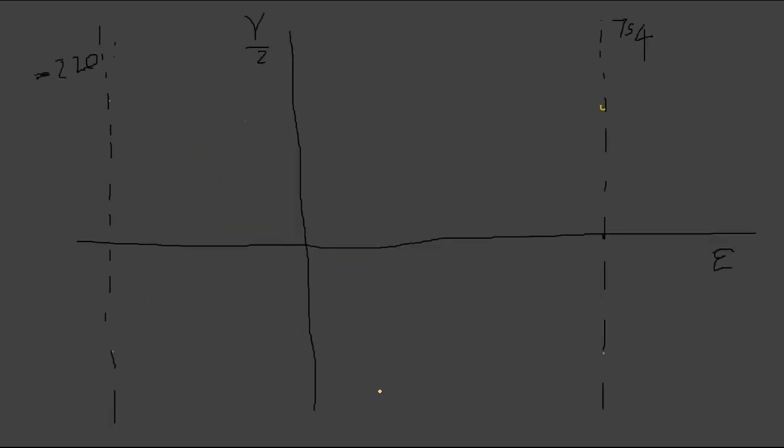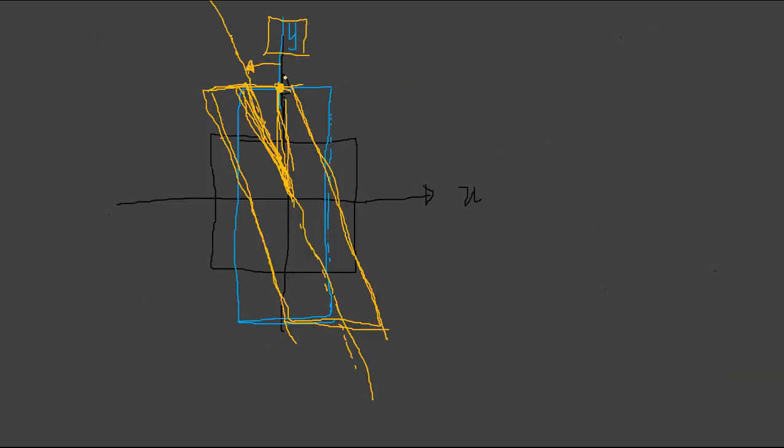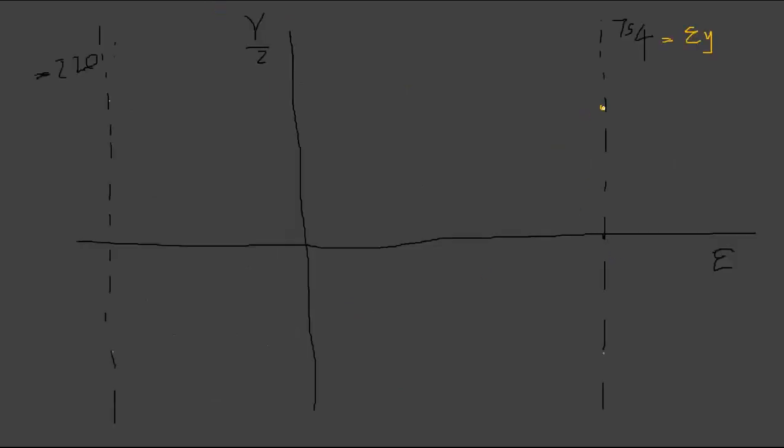You have to mark it. So let's say you remember this was sigma y, epsilon y. From that you have to go anti-clockwise to meet that. If you are here, you have to go clockwise to meet your principal strain.